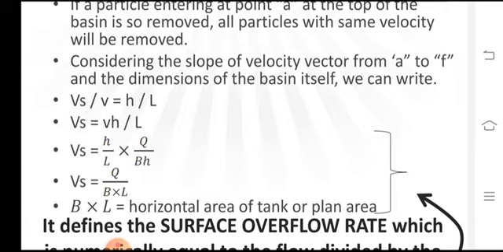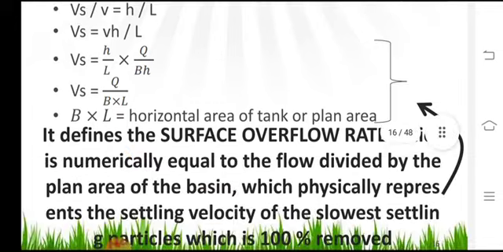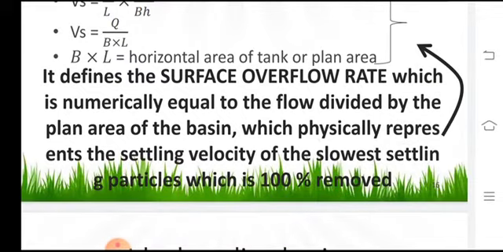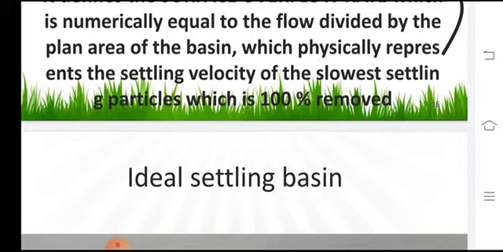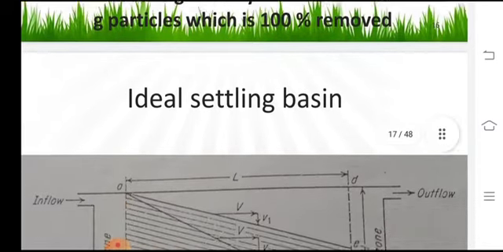So in this equation, by simplifying it, we can get Vs is equal to Q over B into L, and B into L is giving us the horizontal area of the tank, or plan area. It defines the surface overflow rate, which is numerically equal to the flow divided by the plan area of the basin, which physically represents the settling velocity of the slowest settling particle, which is 100% removed.